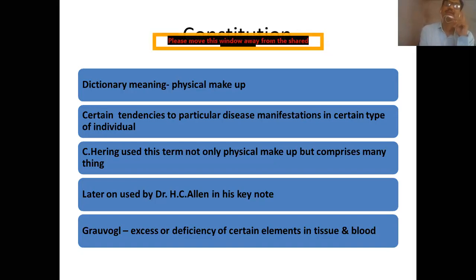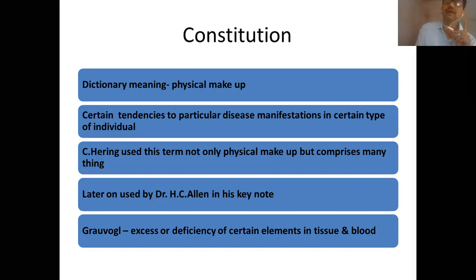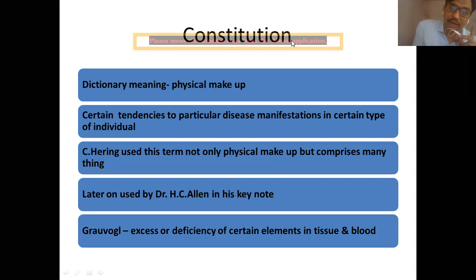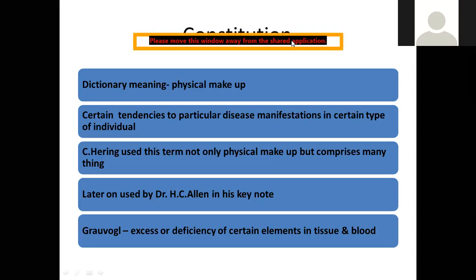Again repeating, if we look in the history, stalwarts like Hippocrates, Hahnemann, Grauvogl, Rademacher, and even Greek medicine identified certain tendencies in certain types of individuals to develop a particular disease.